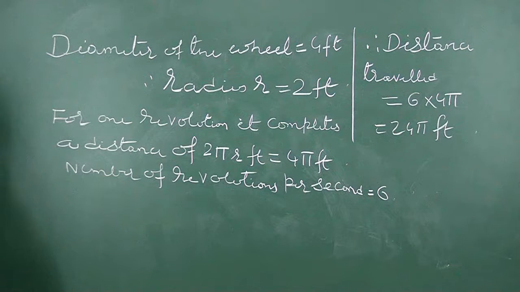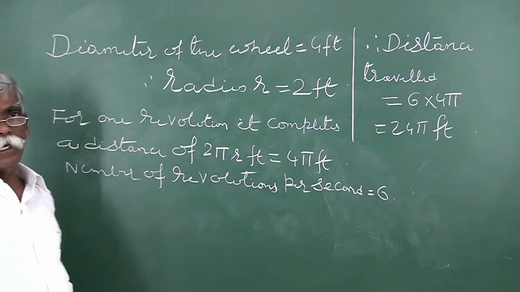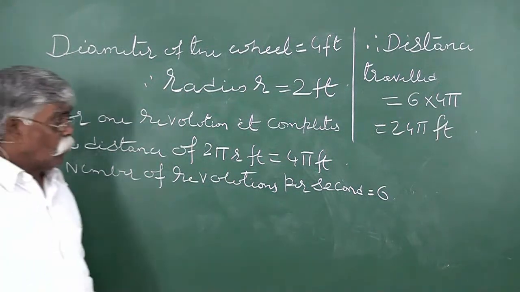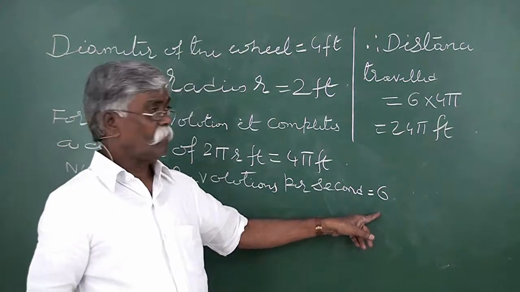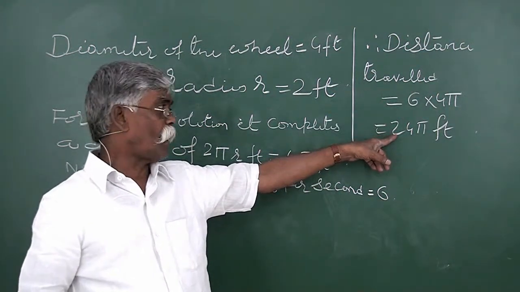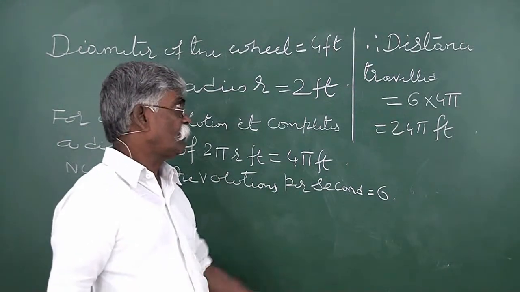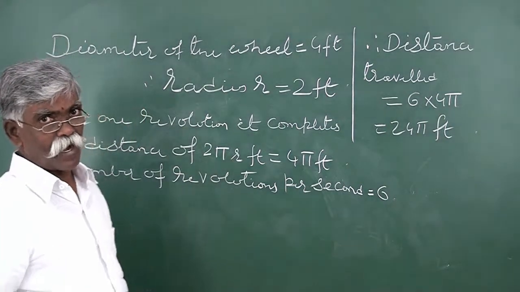So the radius is 2 feet, and if it makes one complete revolution, it travels a distance of 2 pi r, so for one revolution it is 4 pi feet. For 6 revolutions, it travels 6 into 4 pi, 24 pi feet, and hence it will be the speed per second.